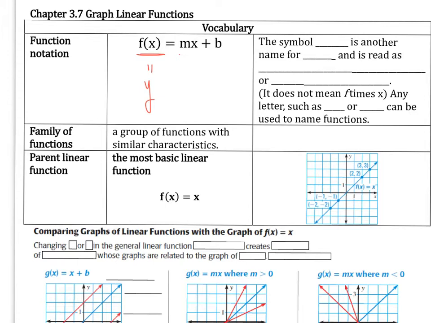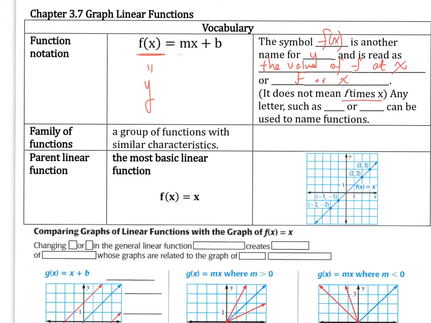The symbol f of x is another name for y and is read as the value of f at x, or as I was saying, f of x. It does not mean f times x.